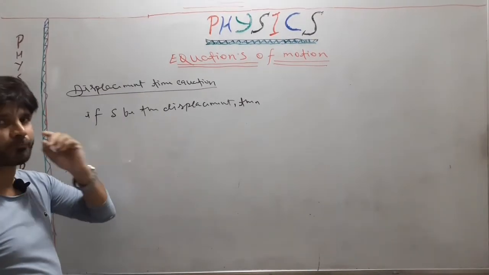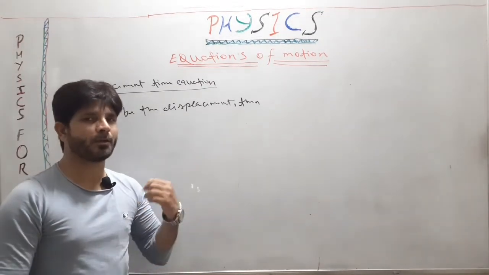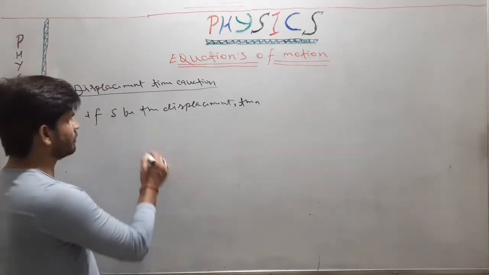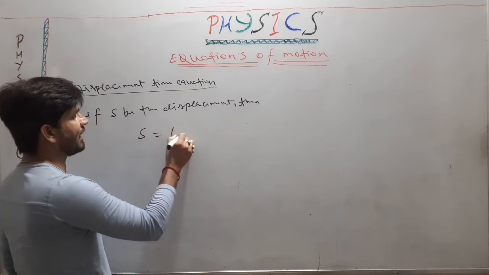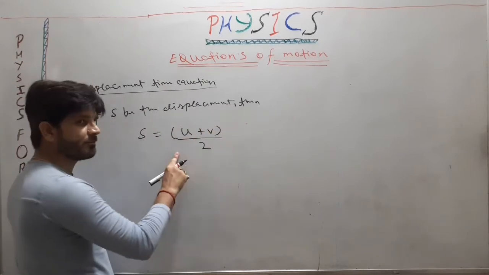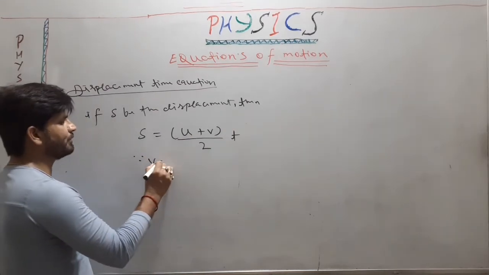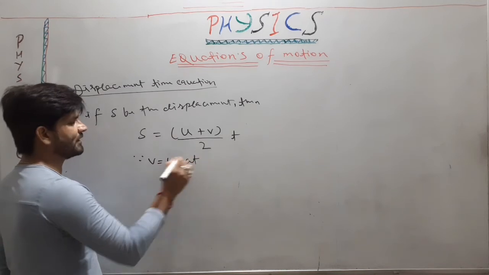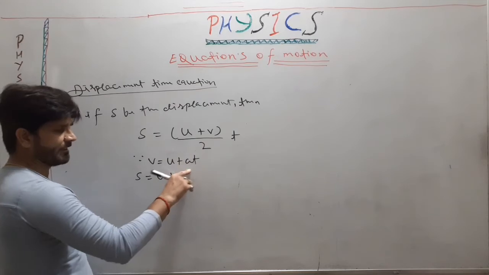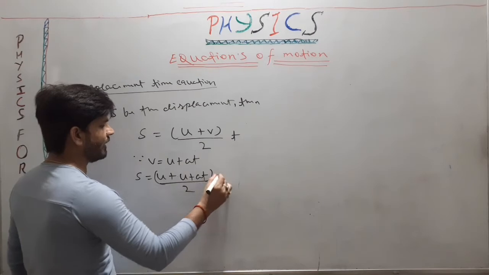Here the velocity changes from u to v, so we cannot calculate the displacement directly as velocity times time. We have to find the average velocity. So the displacement s can be written as the average velocity, if initially it is u and finally v, then (u plus v) divided by 2, this is the average velocity, times the time. From the first relation we know that v equals u plus at, so we can replace v by the right hand side, (u plus u plus at) divided by 2, times t.